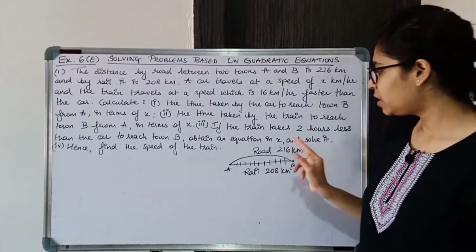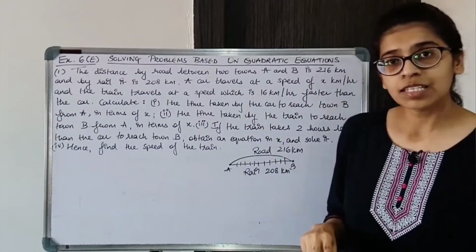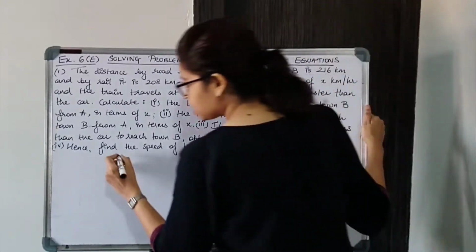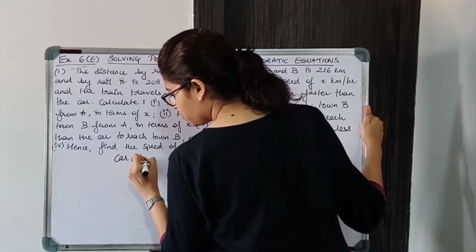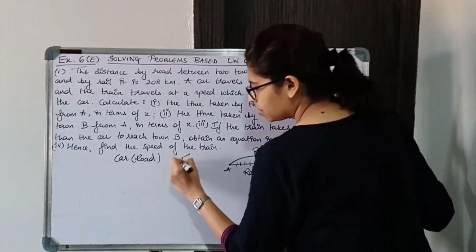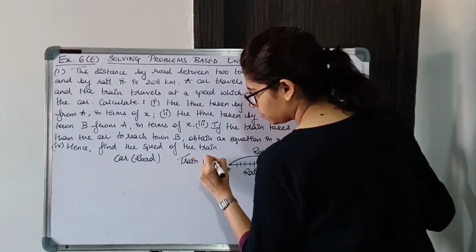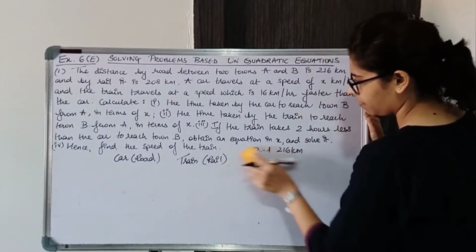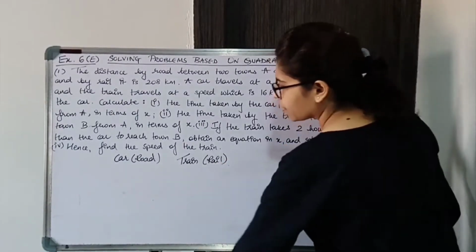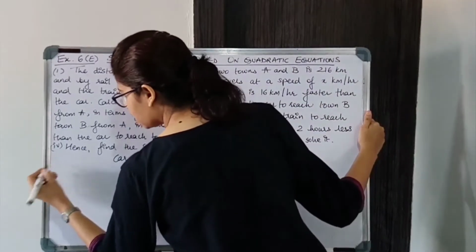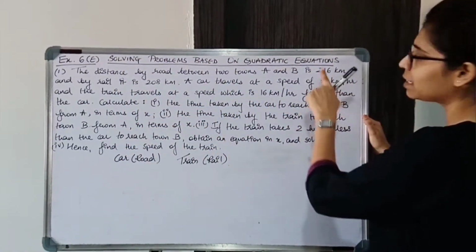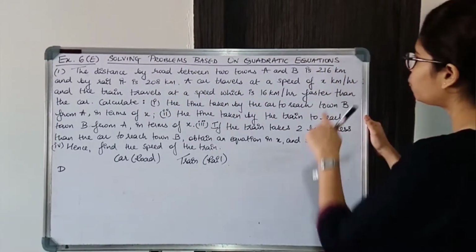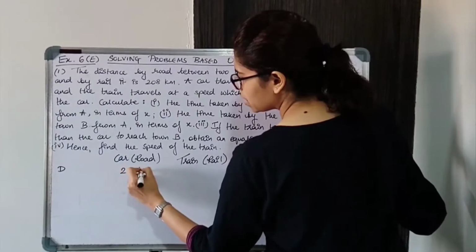So over here we are given distances, we are given speeds, we can easily find time. So there is a car on the road and there is a train on the rail. Now the speed is given to us and the distance is given. So first I'll write down distances. The distance by road is 216 km.